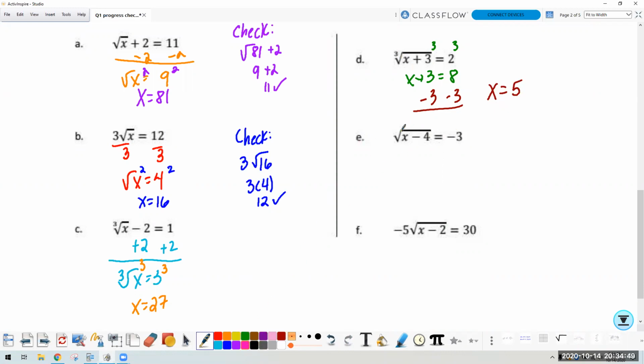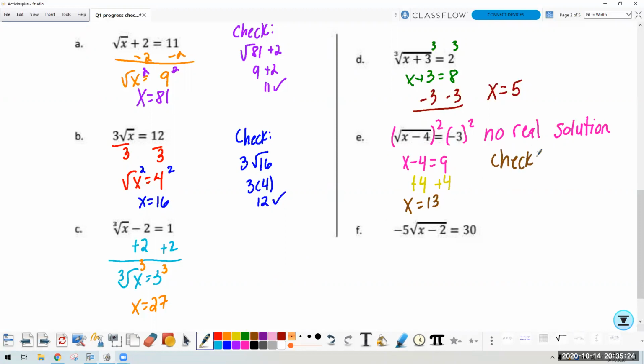Now for E, I see that I have this square root equaling a negative output. I can know right away this is no real solution. There is no number I can substitute in for x that would make this statement a true equation. Let's say I didn't realize that, and I square both sides, and I get x equals 13.